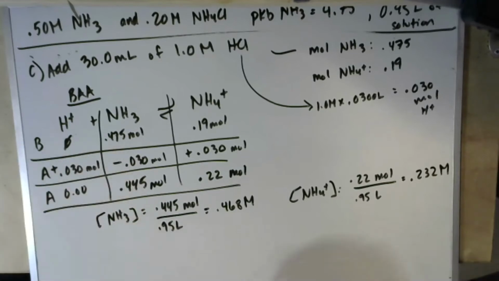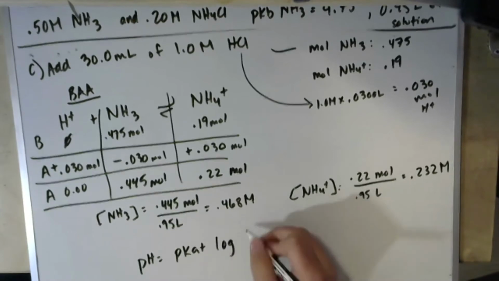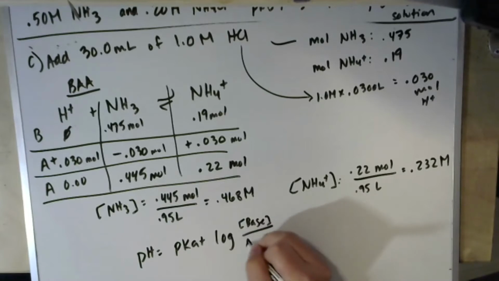Okay, now I can find my pH: pKa plus the log of my base over my acid.